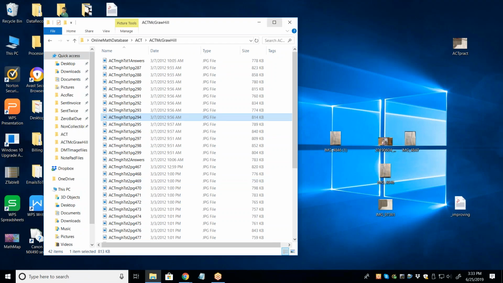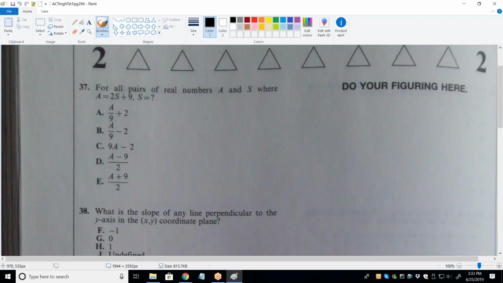All right. I do not think we've done this one. Okay, let's see. S plus 9s is equal to. So you do something for s. Pretty straightforward.